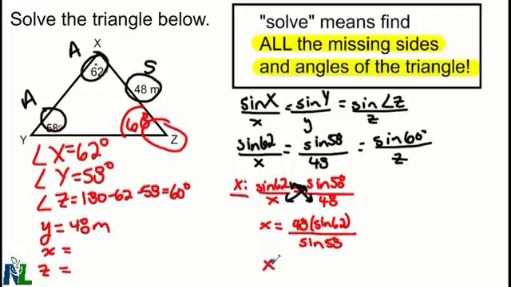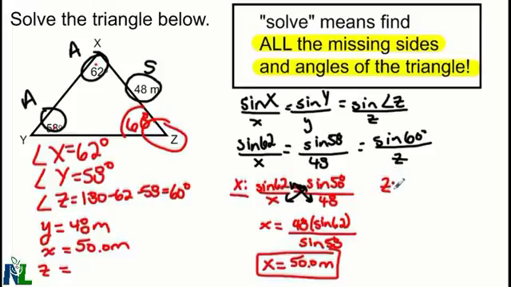When I work that out on my calculator, I get x equals 50.0 meters. I can take this information and fill it in underneath my triangle to organize my work.